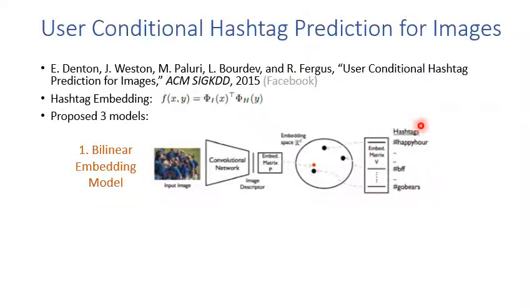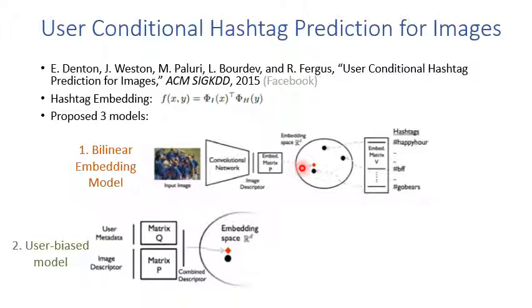So they have an embedding vector for hashtags. They embedded the hashtags into the semantic space, right? Which means hashtags with the same meaning will be close to each other, and they also use a convolution layer to embed the image into feature space. Okay, and then they learn the transformation to transform the image feature into semantic space.